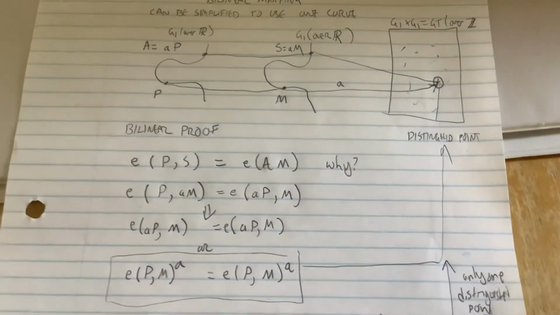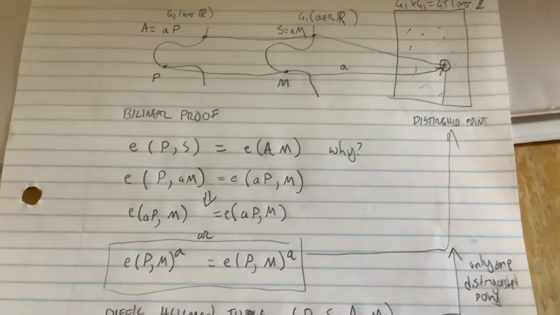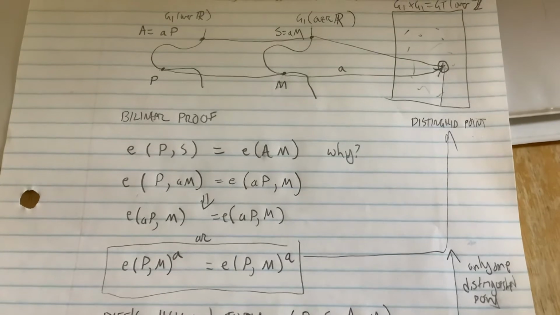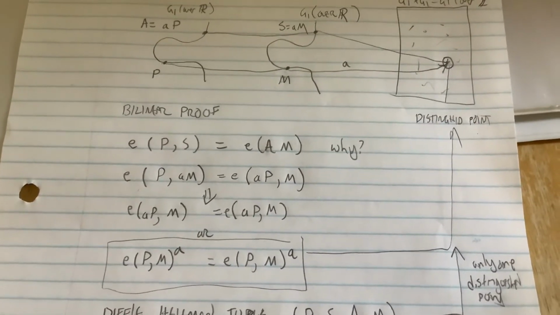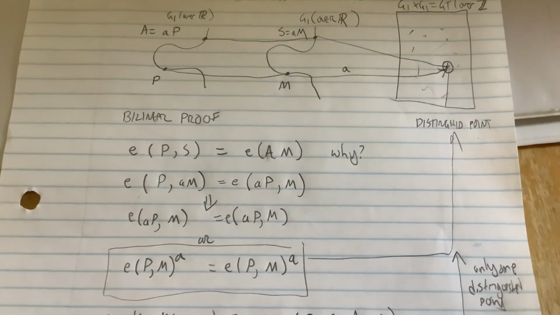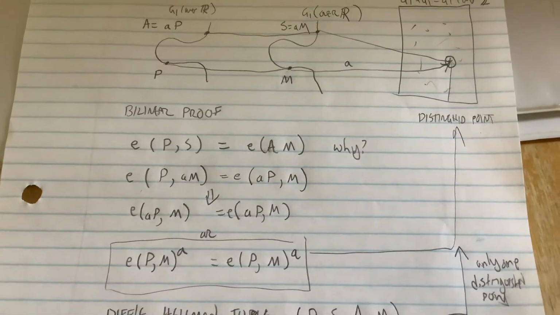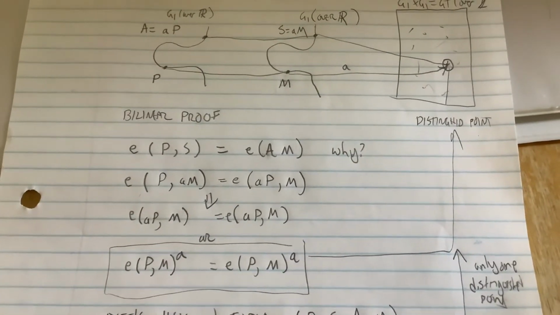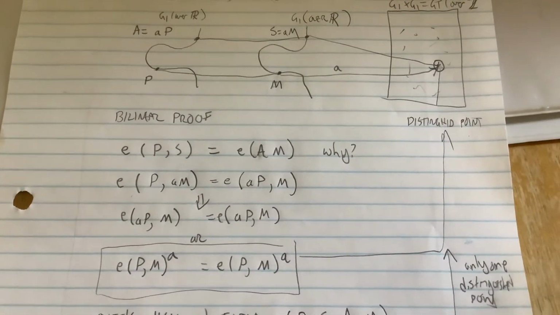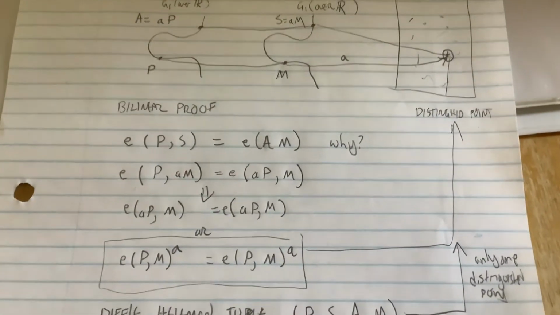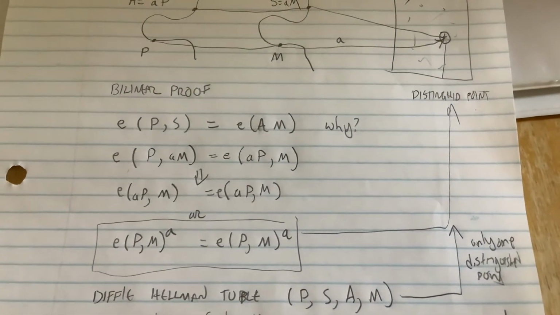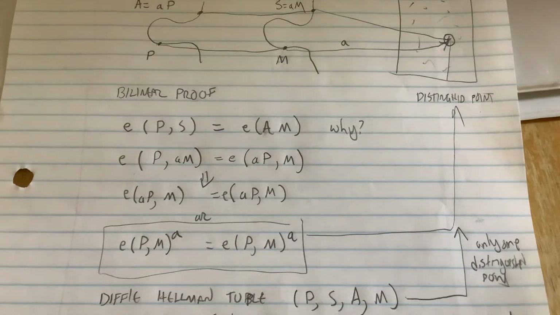Mathematically speaking, the one that's used in the group signatures is the pairing of P and S, and A and M. If they come out to be the same, or verified, then you know you've got a proper proof. Why? Let's do some quick math based on the theorems of bilinear pairing.